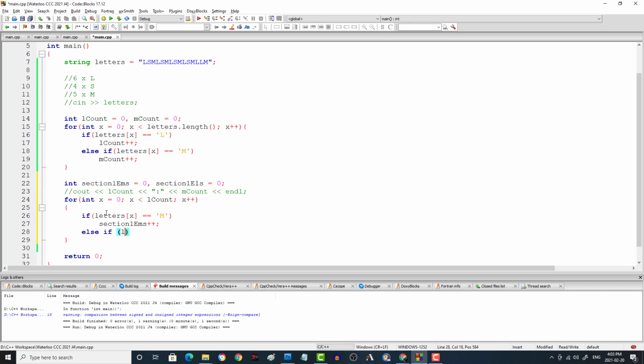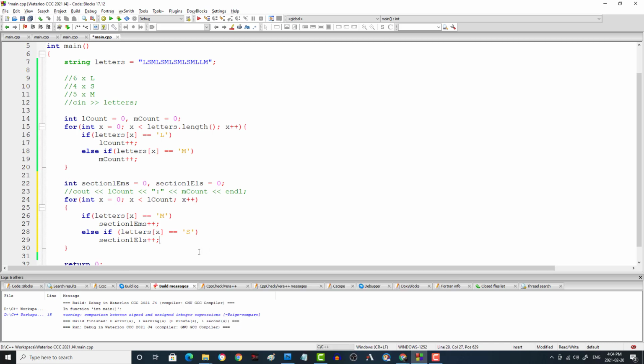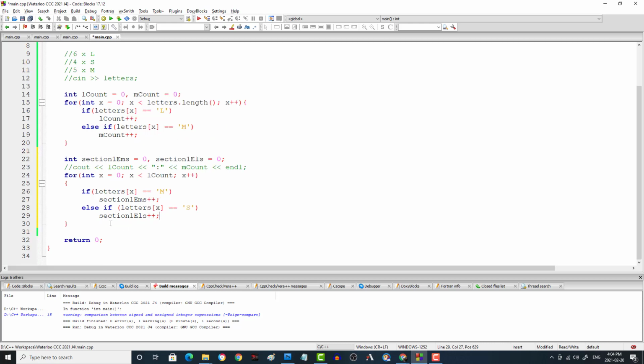Else if letters at X is equal to an L or an S, then section 1 L's plus plus. Okay, now at this point I will know exactly how many M's and L's are in section 1.